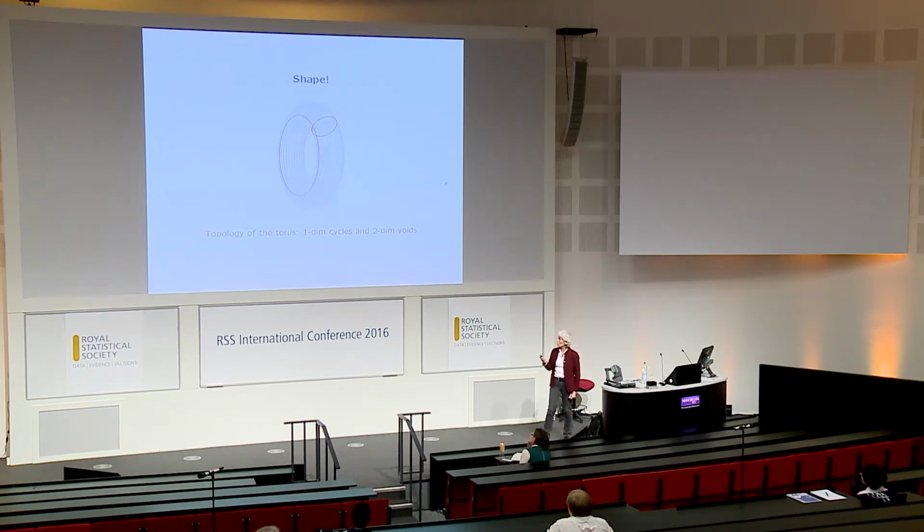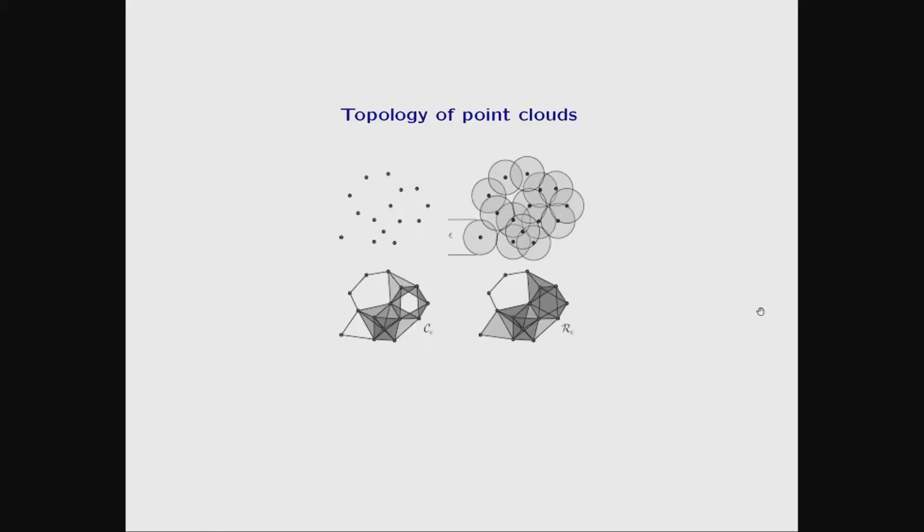So these statistics completely describe surfaces for us. All right. So if I start now with data, then I want to somehow associate to it a shape, a topology. Starting off with point clouds for the moment.